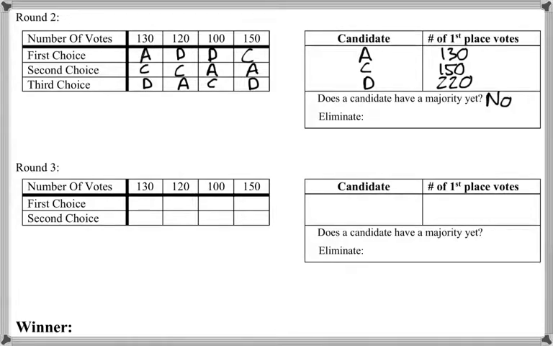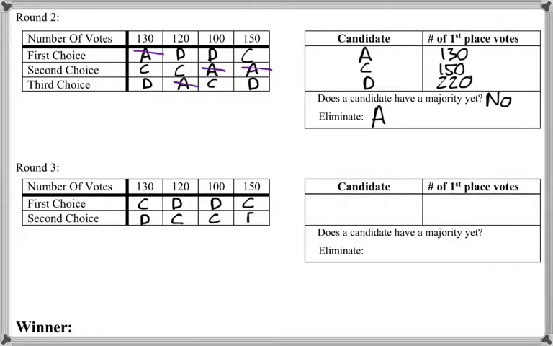So no. So we want to eliminate the candidate with the fewest first place votes, which is 130, candidate A. So we are eliminating A, and then moving up all the candidates that are below A. So the first column becomes C, D, the second column is D, C, the third column is D, C, and the fourth column is C, D.